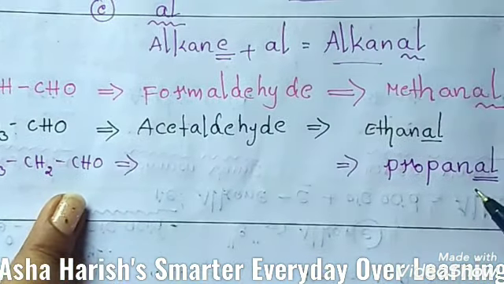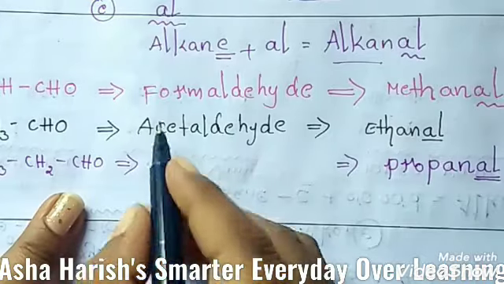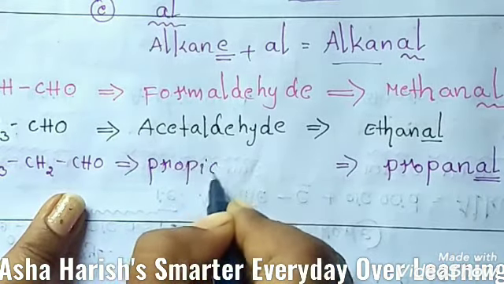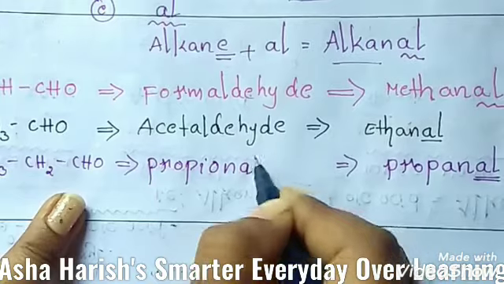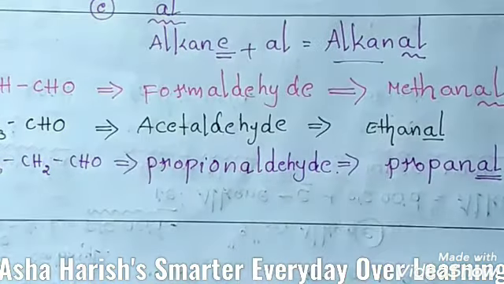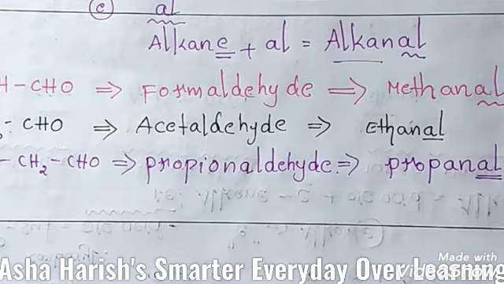Al is the suffix here, propanal. And what is the common name for this? Propionaldehyde, right? This is the common name for this example.